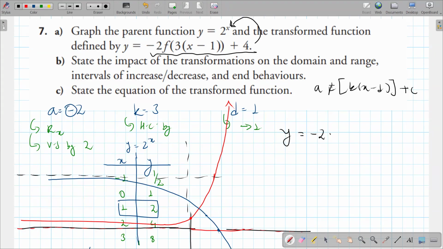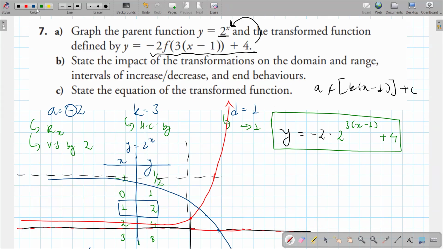Now your function in this case is your exponential function. So it's 2 power, and for the power, we have k, so 3x minus d, plus c. There we go. That is the equation for this transformed exponential.